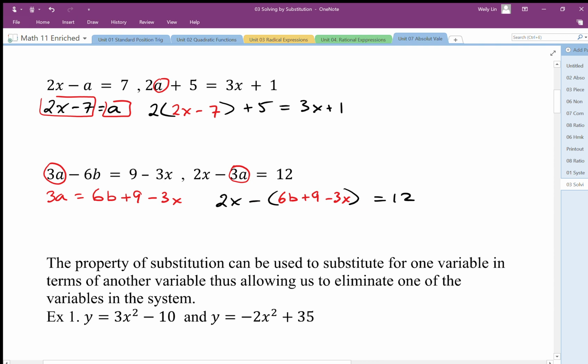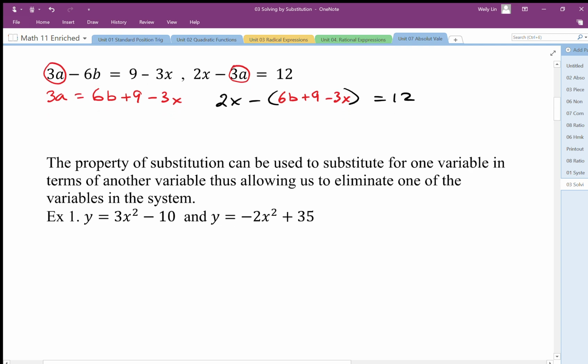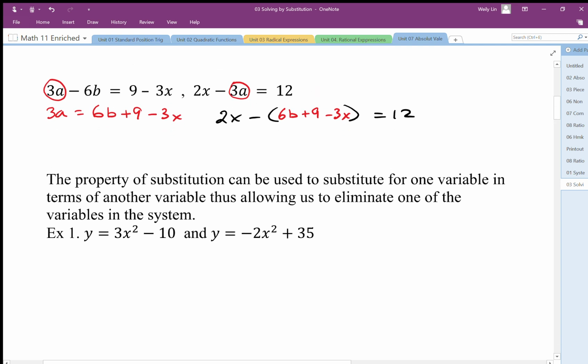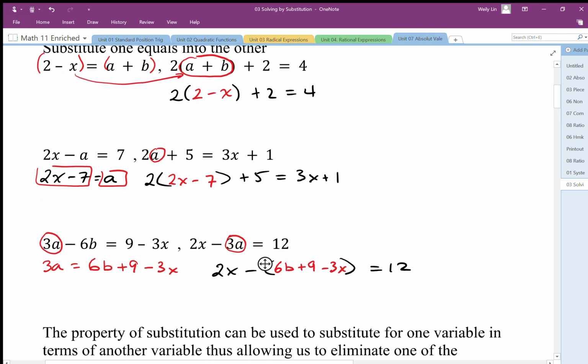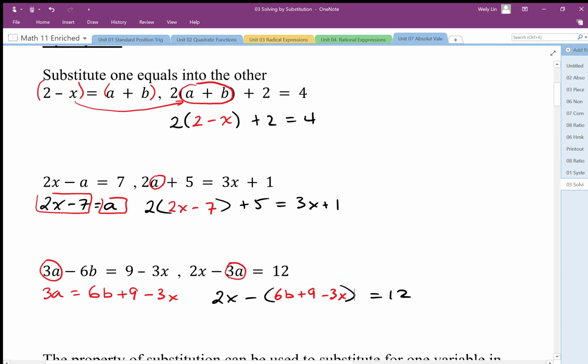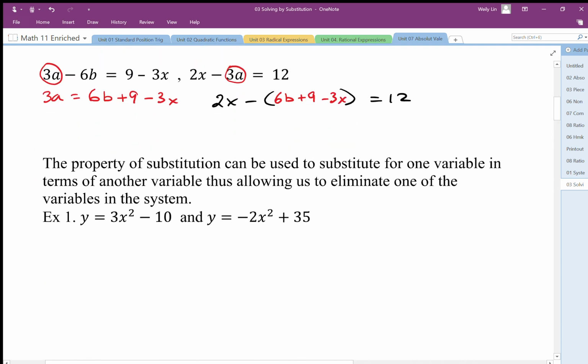So the main idea is we can do a like for like replacement anytime we want. The goal though is we want to substitute a variable to eliminate one of the variables in the system. So like we did in this example here, we're able to only have one variable. Same with the first one, we were able to reduce it to one variable.